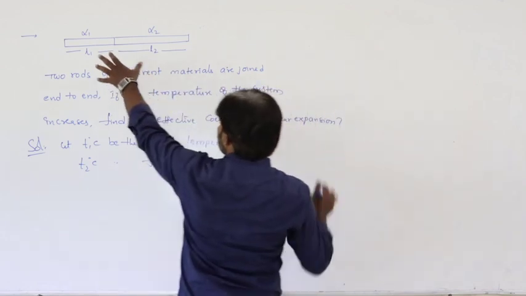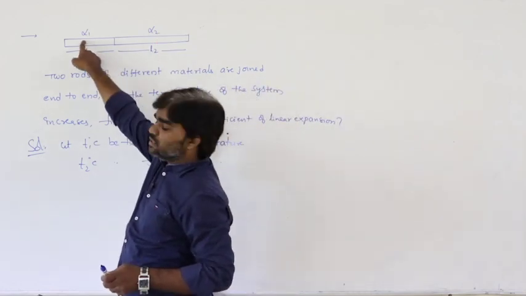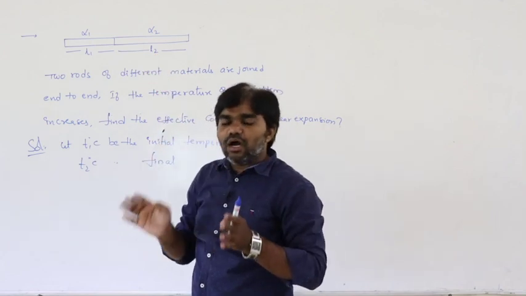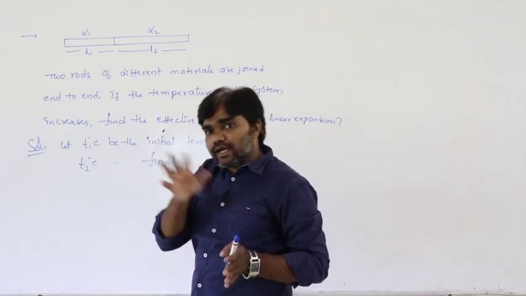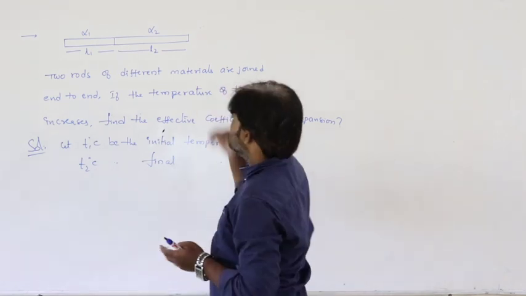Now we have to calculate the combined value of alpha here. First material is alpha 1, second material is alpha 2. If these two are joined together, how can we calculate the combined value of alpha?